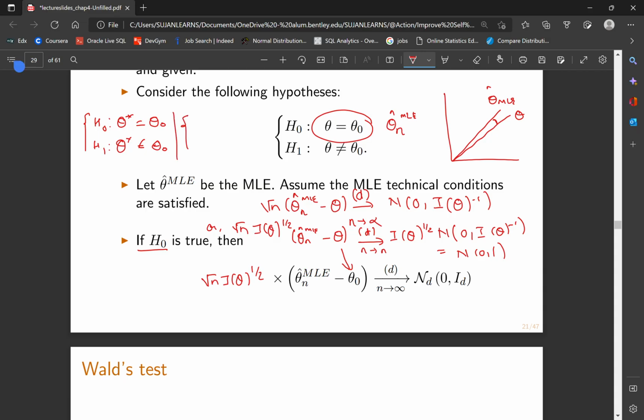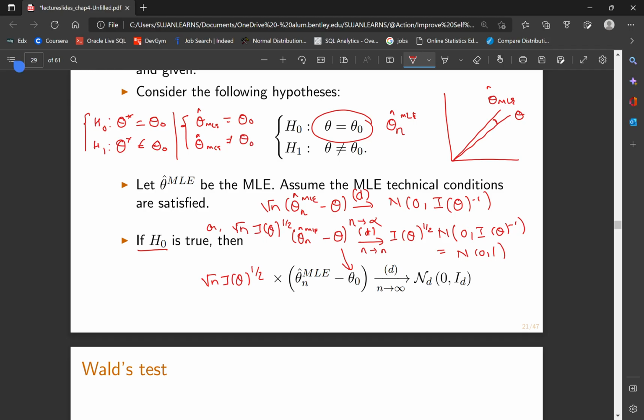Another version can be that theta MLE is equal to theta naught, and theta MLE is not equal to theta naught.